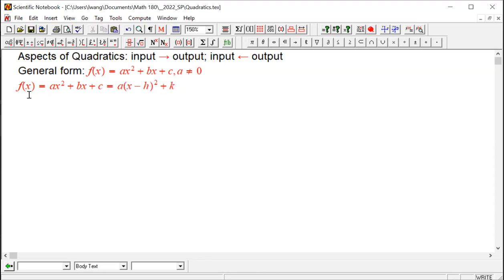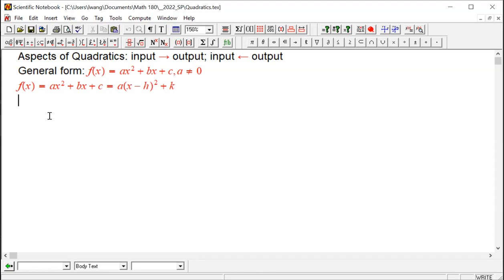Completing a square will help us to identify the vertex of quadratic functions. And identifying the vertex has a lot of very good applications in other fields, such as business applications and various others, okay? So I'm going to take the first example to address all of these different aspects.